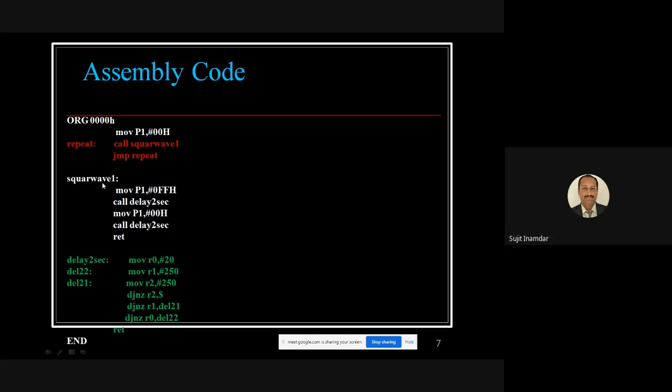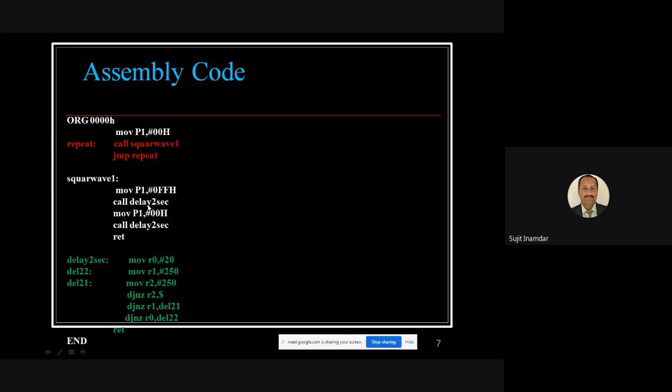What is written in this subroutine? Subroutine मध्ये काय लिहिलंय की स्क्वेअर वेव्ह म्हणजे काय असतं, 1 आणि 0, इज इट? सो पोर्ट P1 ला आता FF लोड केलेलं आहे. FF लोड केलं म्हणजे 11111111 म्हणजे लॉजिक 1.